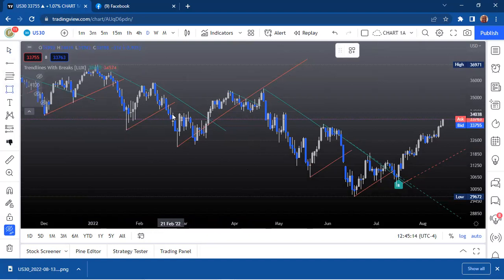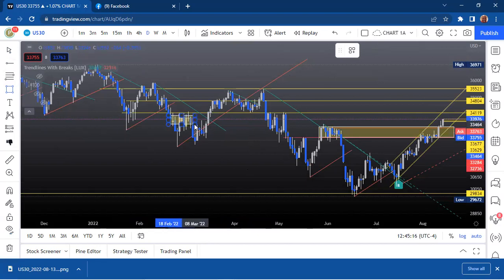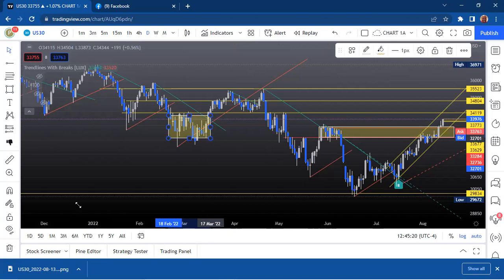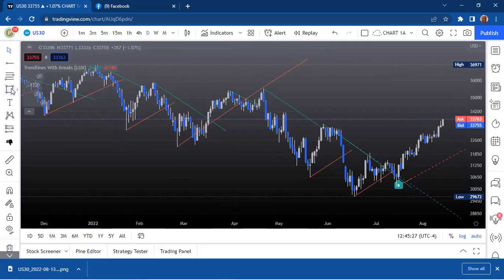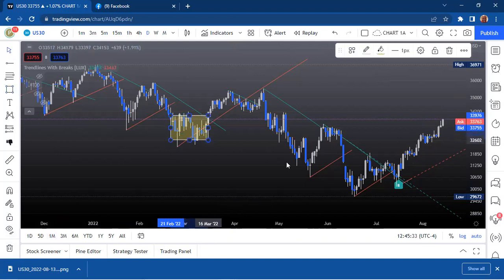This right here, if I put a box right here, I'm going to have to delete everything else. Hold on. If I put a box right here, right?